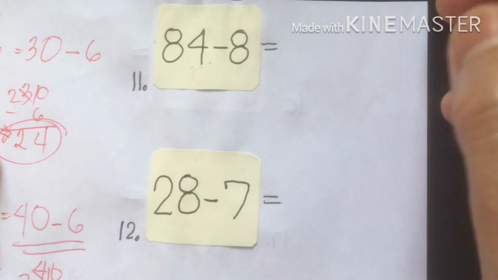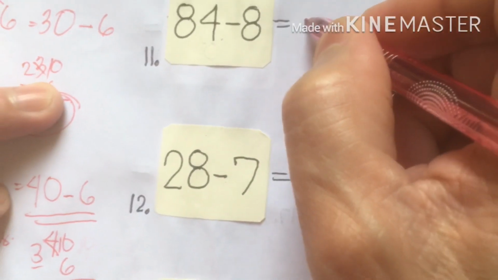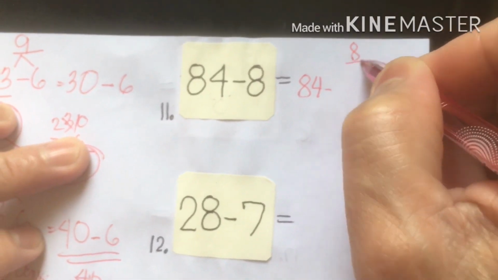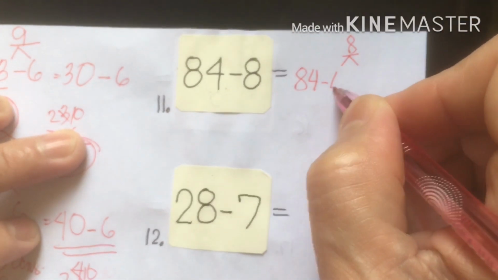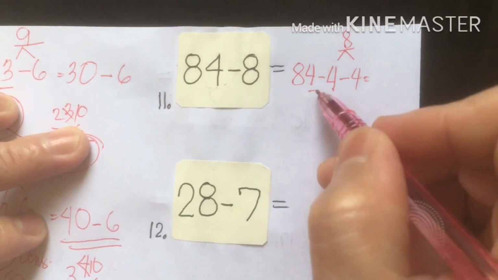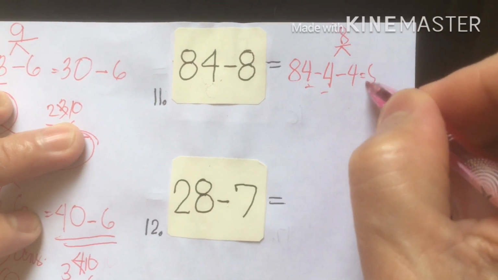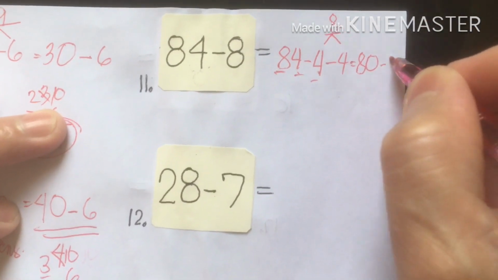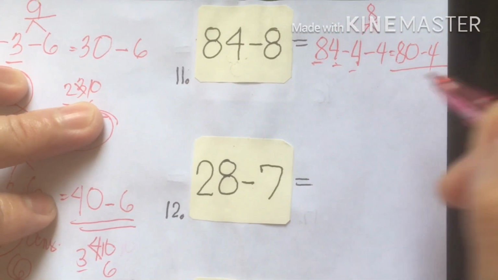Next, 1184 minus 8, guys. So same procedure, right? 84 minus, then break the number 8. I put 8 at the top. Then here, same numbers, guys. It should be like that to avoid confusion. Then start. 4 minus 4 is 0. So I'm going to write first 8. Then minus 4. That's the next.